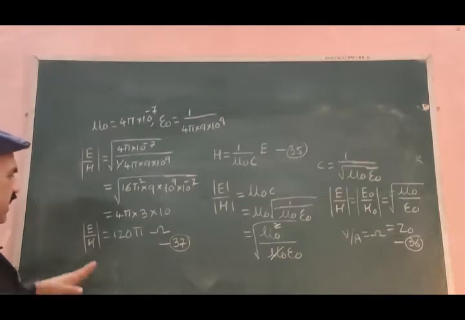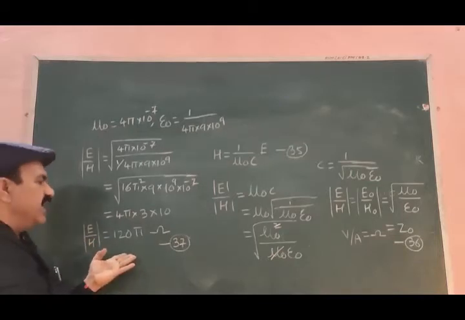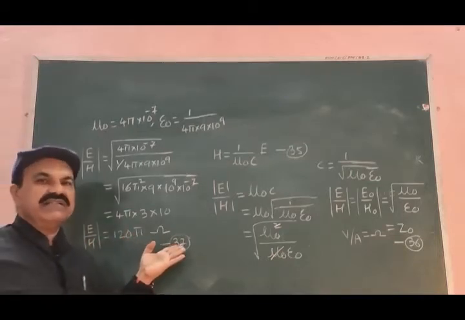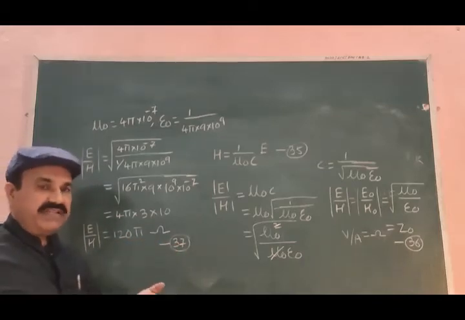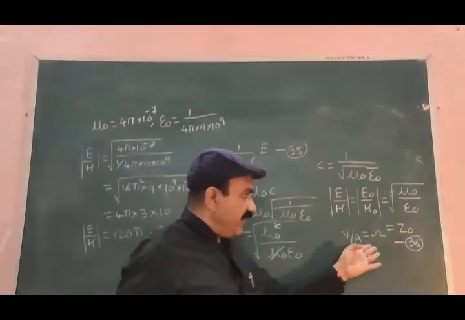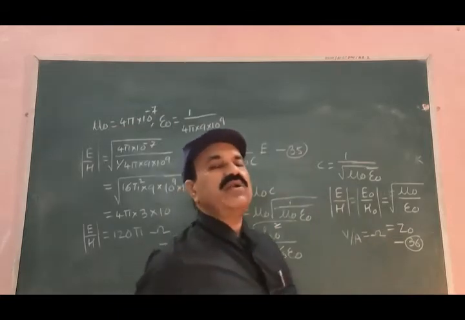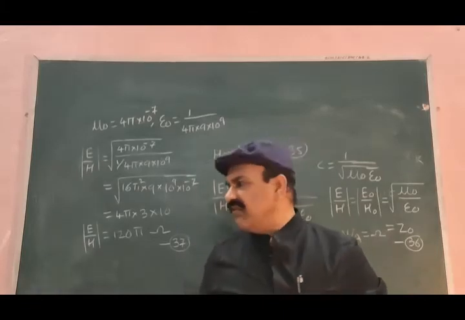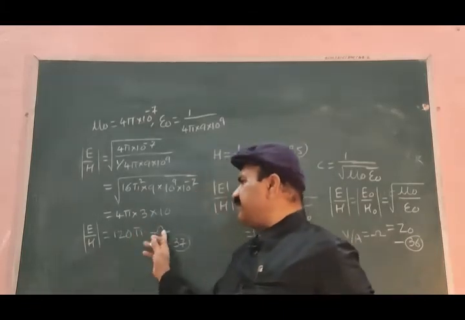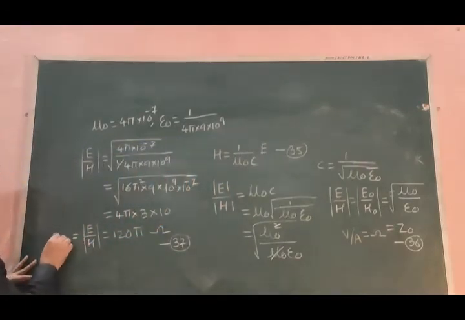The ratio of modulus of electrical component to magnetic component of the plane electromagnetic wave is 120 pi ohm, equation 37. It means that V by A is equal to ohm, or the ratio of modulus of electrical component to magnetic component is equivalent to impedance Z0.